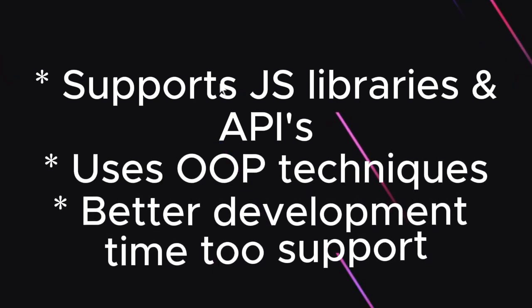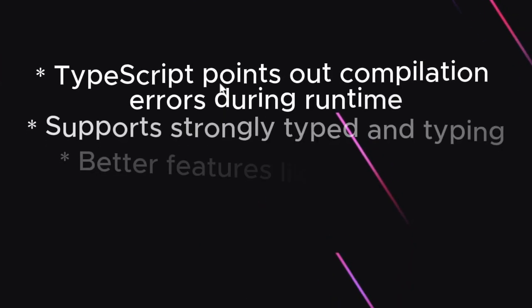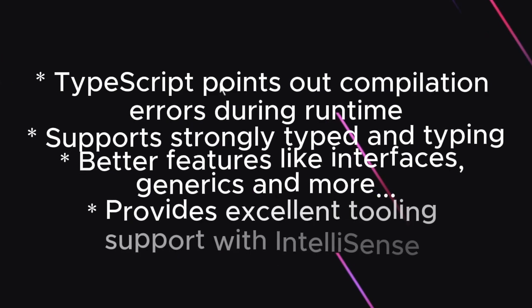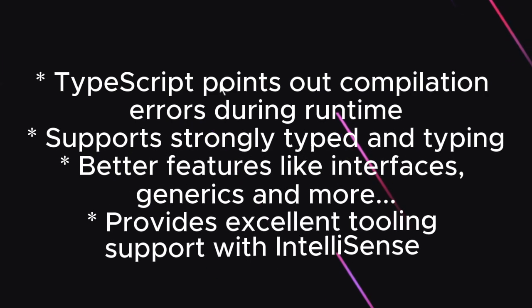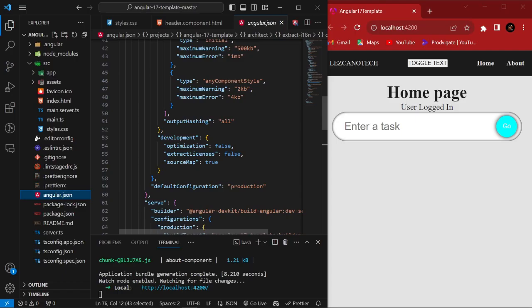So what are some of the advantages of TypeScript over JavaScript? TypeScript points out compilation errors at every stage of your development. So when you make an error, it's going to tell you that you are making an error, do it this way, and then you'll be good to go.